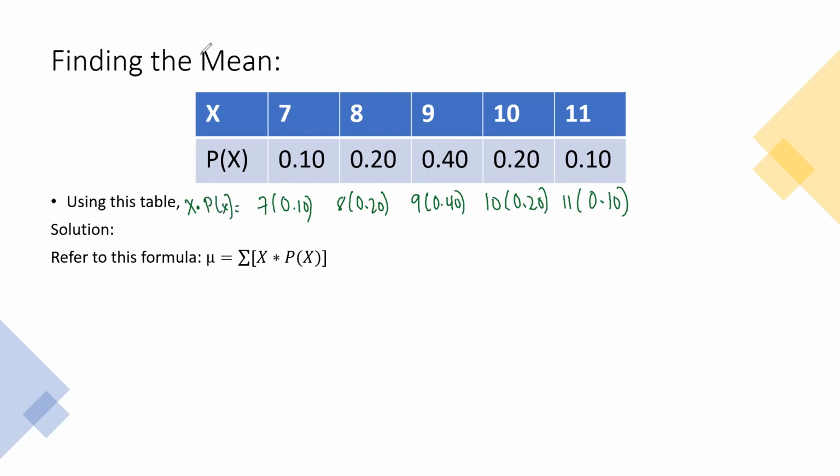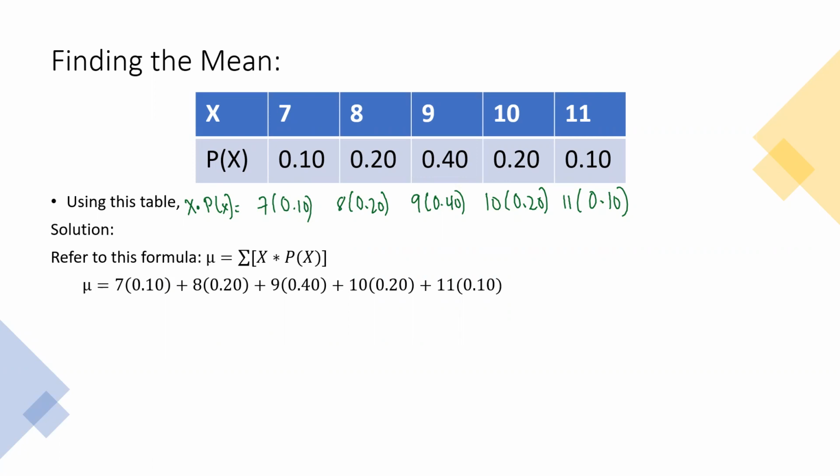So we're going to refer to this formula. We're going to use this formula to find the mean. First, what we did is multiply x with its corresponding probability, then after finding the products, we're going to add all the products.